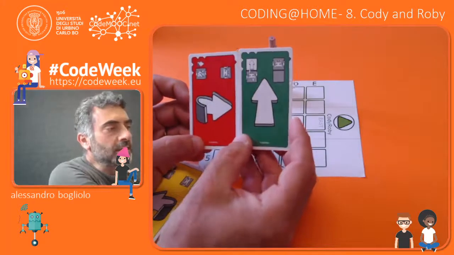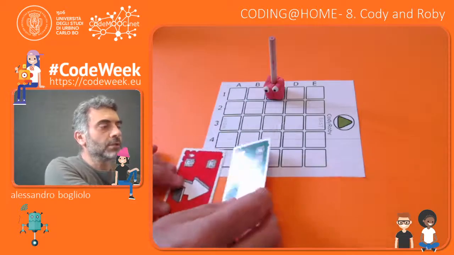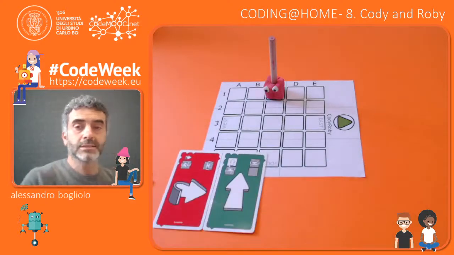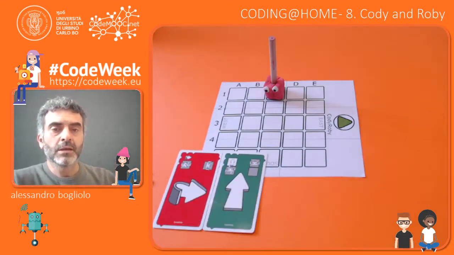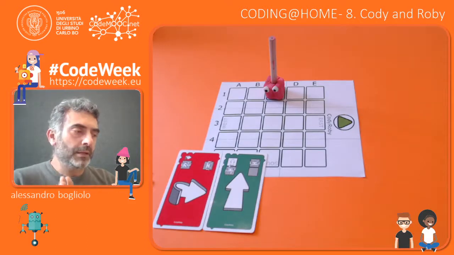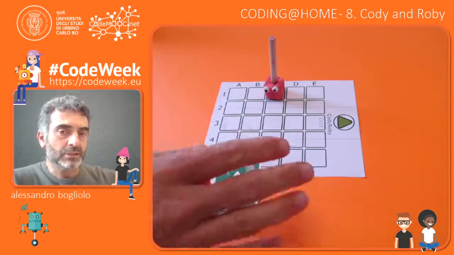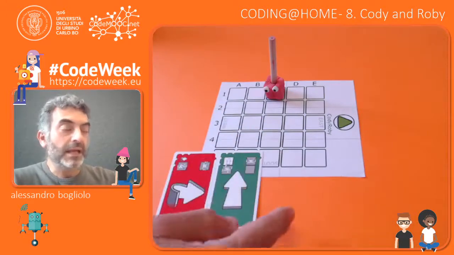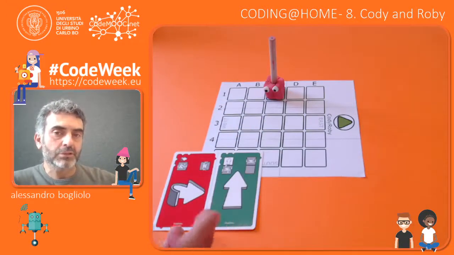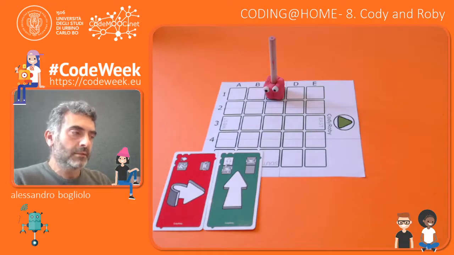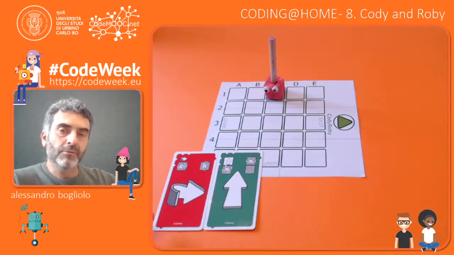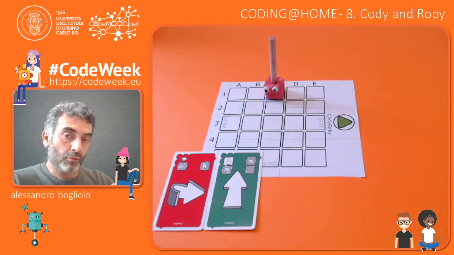So in order to provide not just an instruction but an entire program, I have to concatenate instructions in this way, and this becomes a sequence of instructions to be executed one at a time, starting from left to right. This is very important.